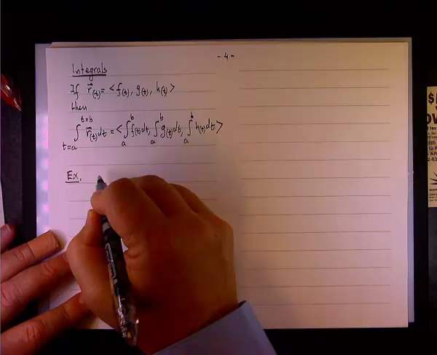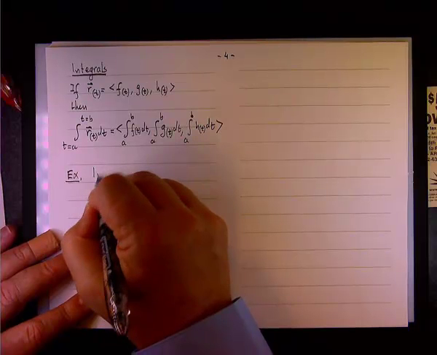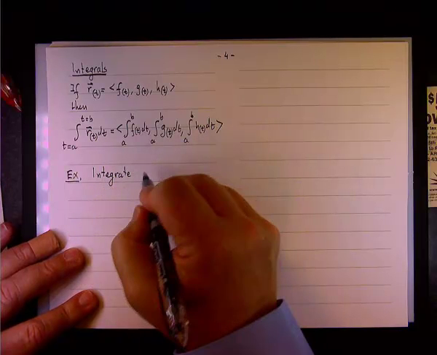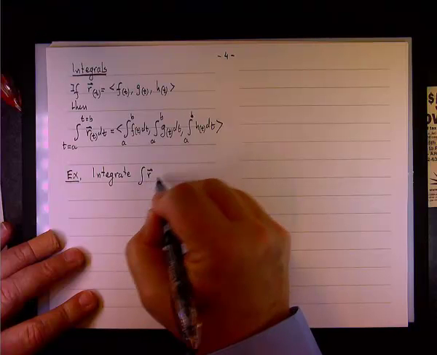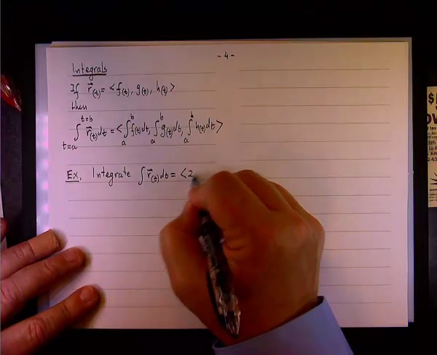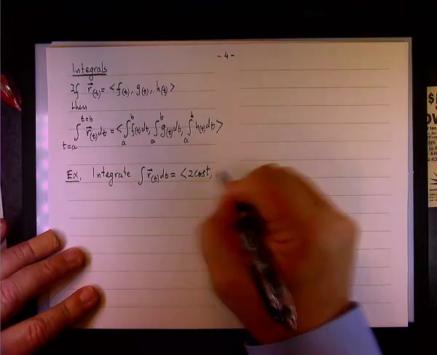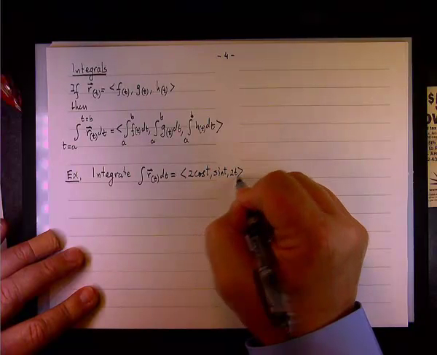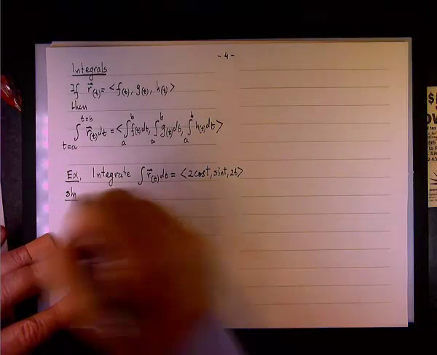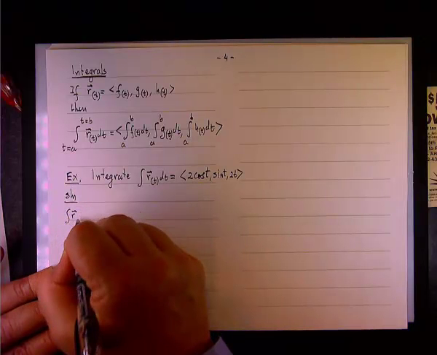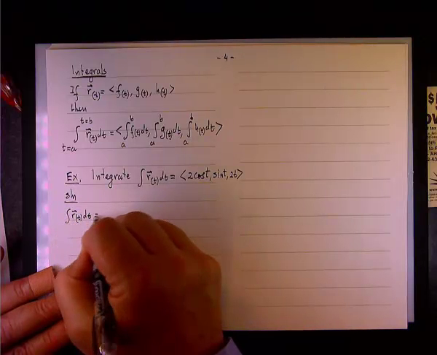What do we do if we don't have a definite integral? Then we have that constant, remember? So for instance, in this example, we integrate the following vector: 2 cosine t, sine t, and 2t. This is another helix. The solution is the indefinite integral.